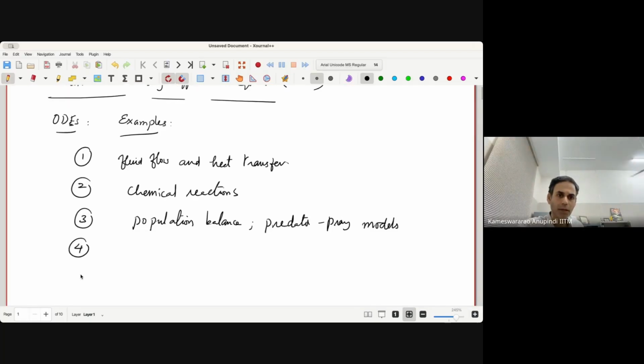We also see ordinary differential equations in several other areas. For example, in the vibration of a string, or loading of a beam, or elastic deformation of a beam under a load.